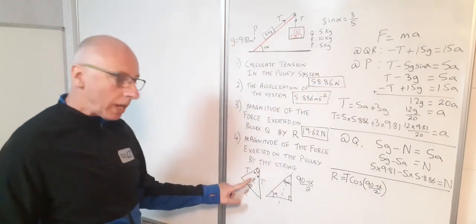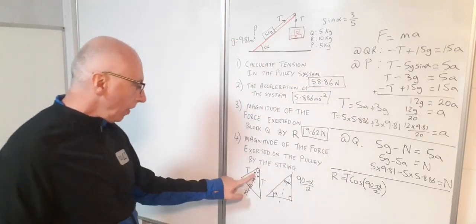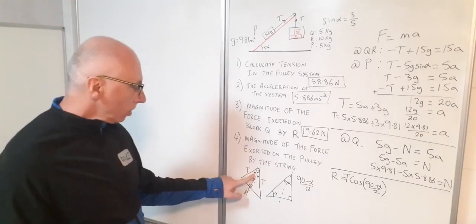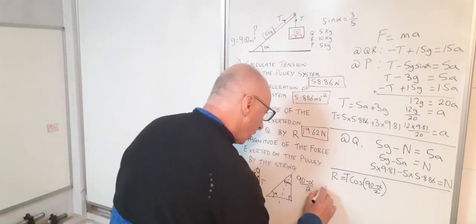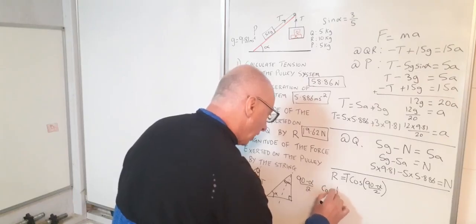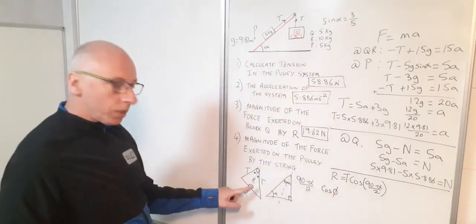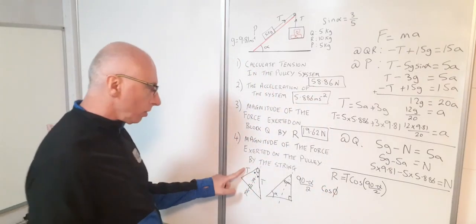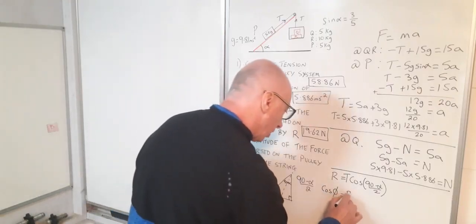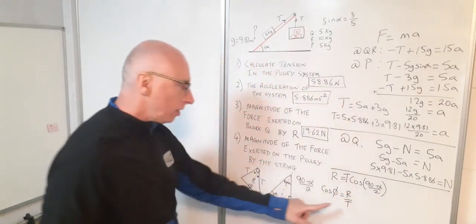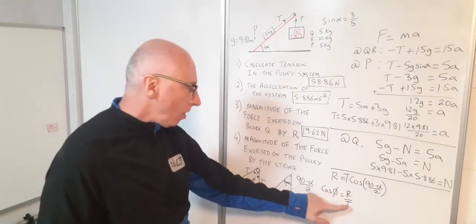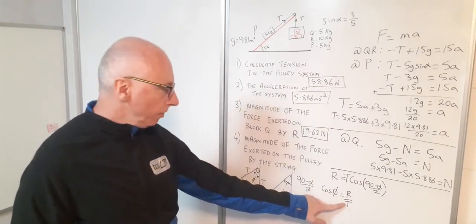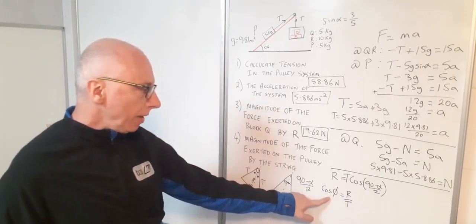So if I just do that in steps to show you how we got there, if I call that angle phi, I've got cosine of phi equals adjacent over hypotenuse, that's R over T. And then to solve for R, just multiply both sides by T, then I get R equals T cosine phi. So that was why that would be there.